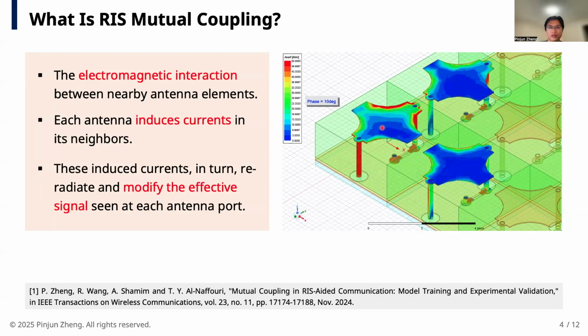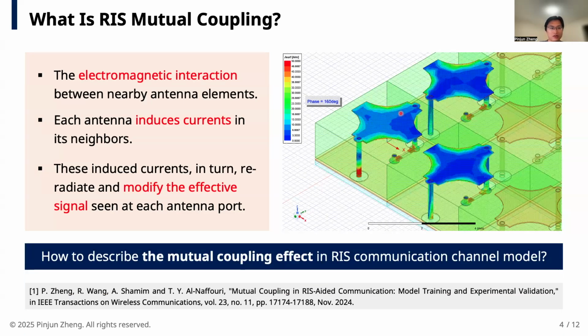You'll see its color is changing, which stands for the surface current generated on it. But it's interesting that even though we didn't activate these two elements, surface currents still appear on them, right? This is due to the mutual coupling effect. These are the induced currents from this element.